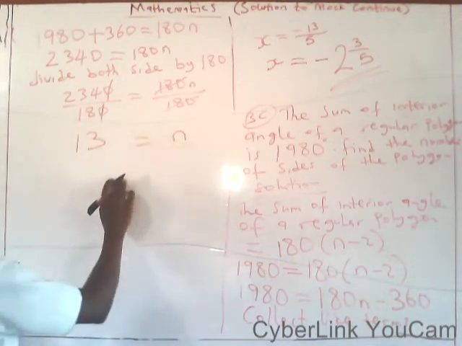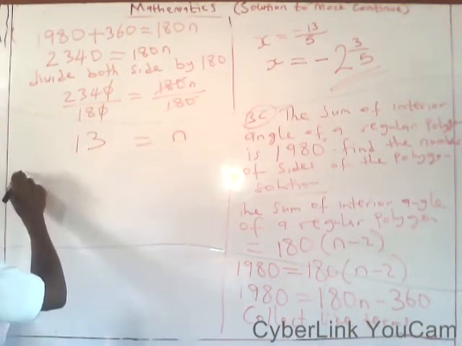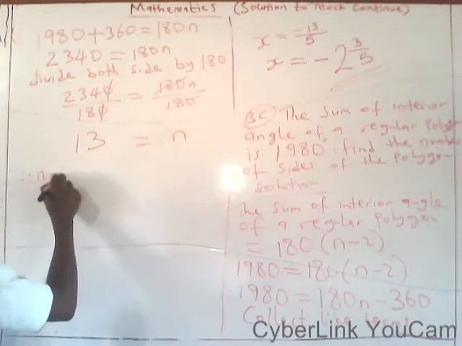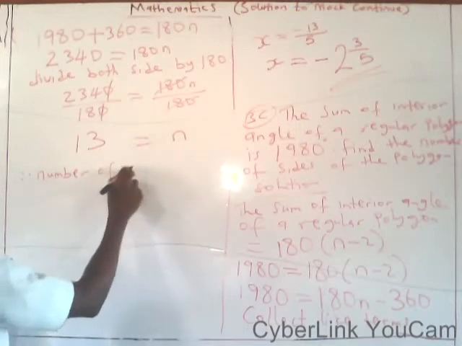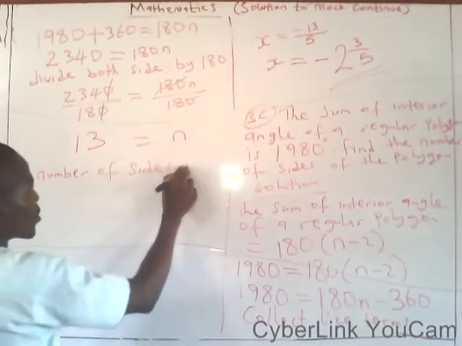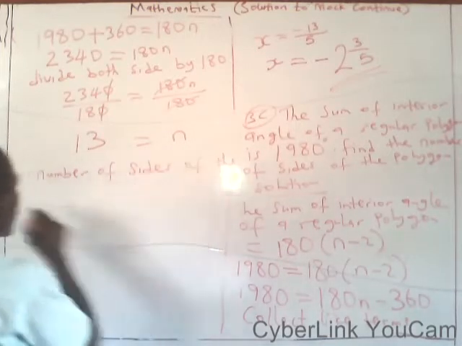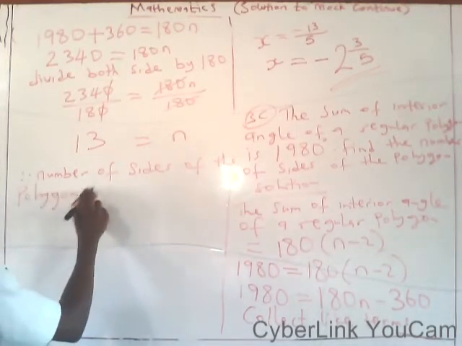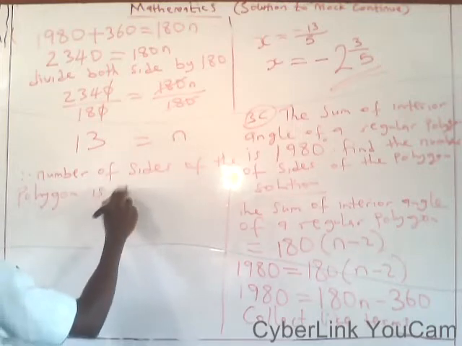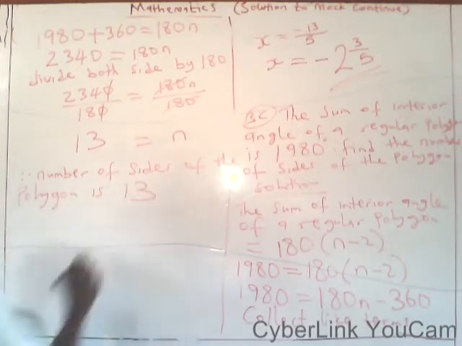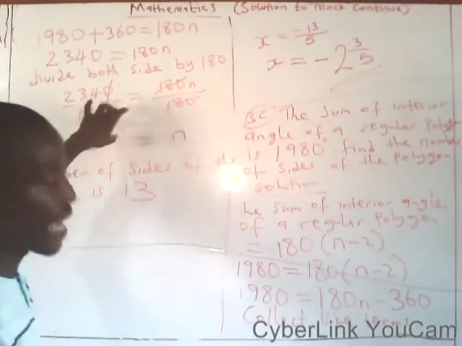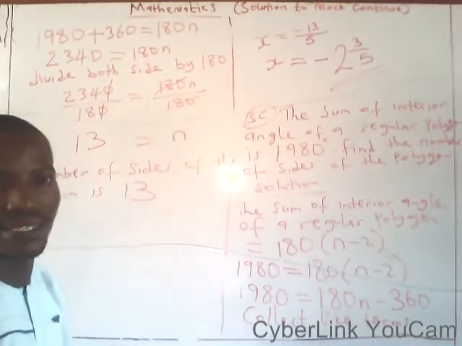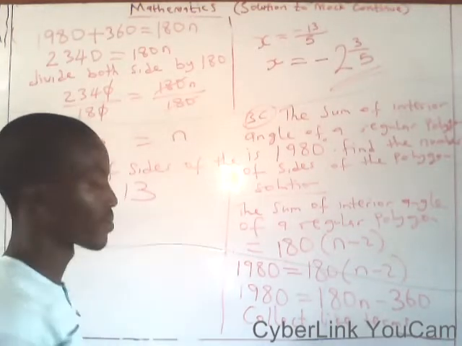In that case, the number of sides of the polygon is equal to 13. That is, our value of n is equal to 13. That is 13 sides.